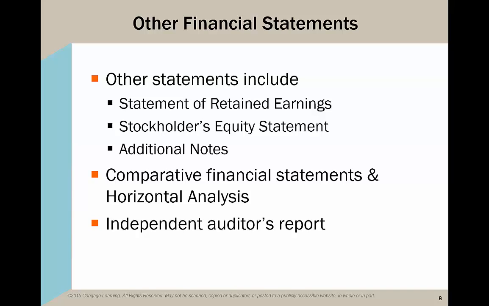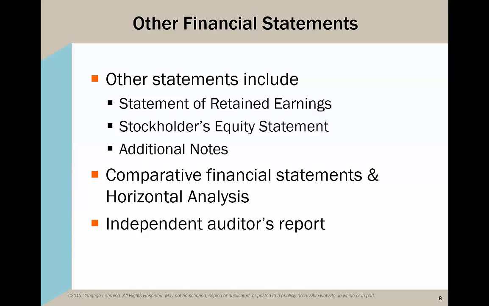The adverse opinion, on the other hand, is major problems in the financial statements, and the auditor has found some very troubling findings there. So there's obvious cases of fraud or abuse, embezzlement, mismanagement. The adverse opinion is the worst opinion you can receive.